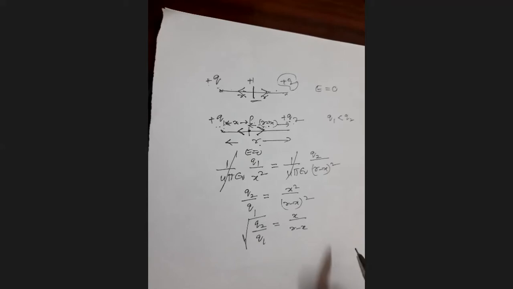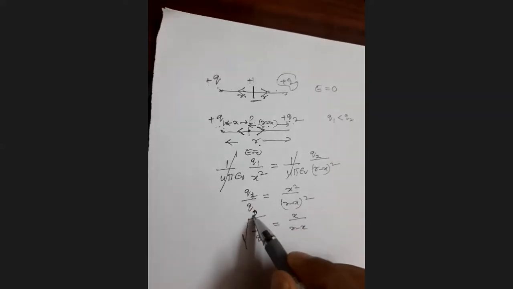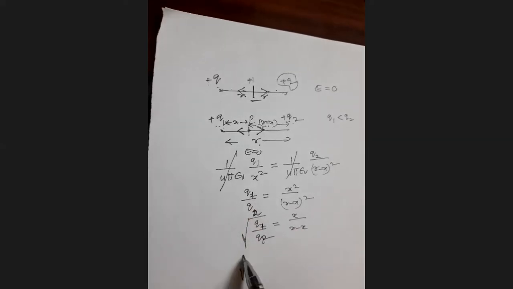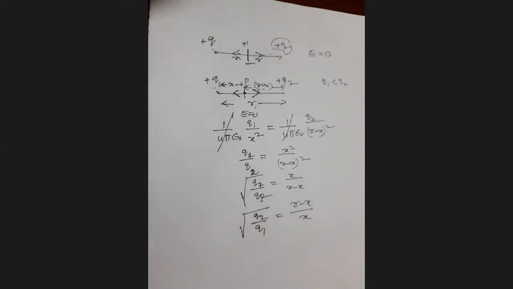Rather, root q1 by q2 is equal to this one, so root q2 by q1 is equal to (r minus x) by x. By simplification, root q2 by q1 equals r by x minus 1.